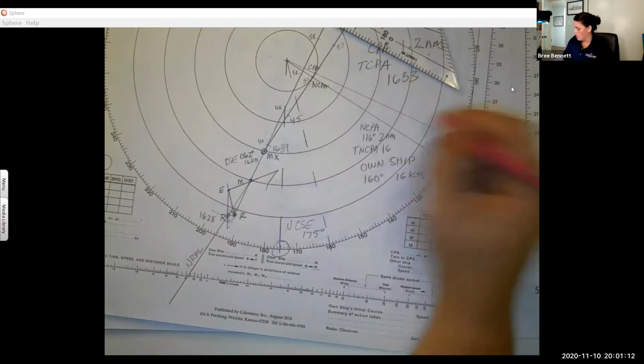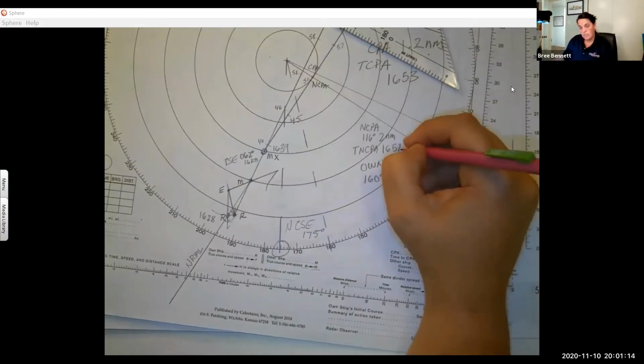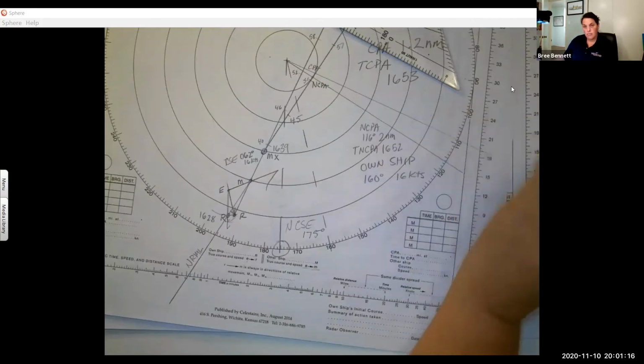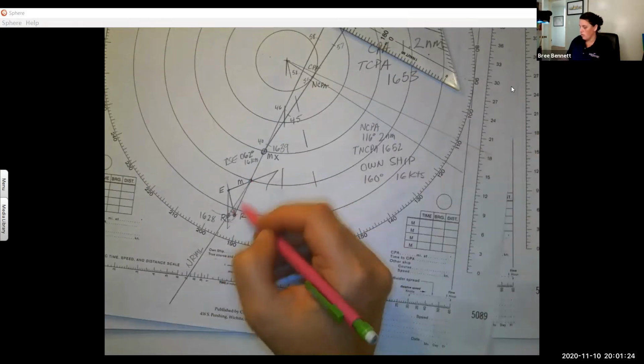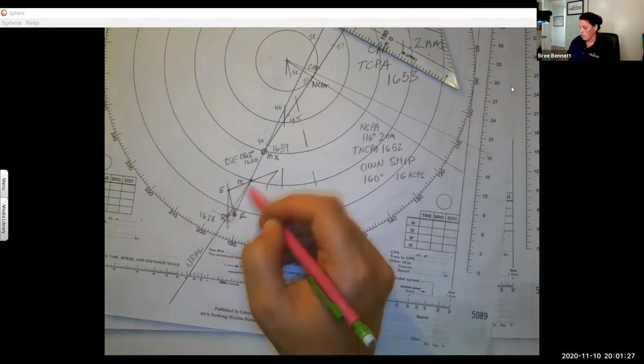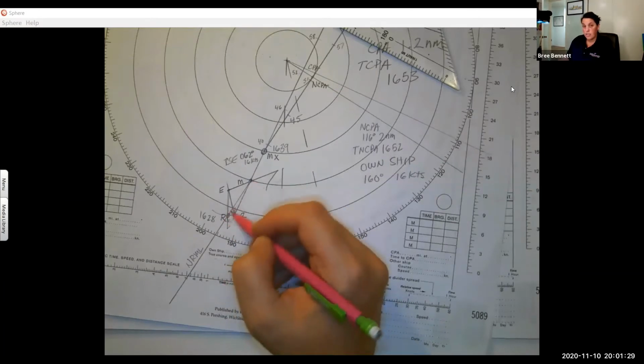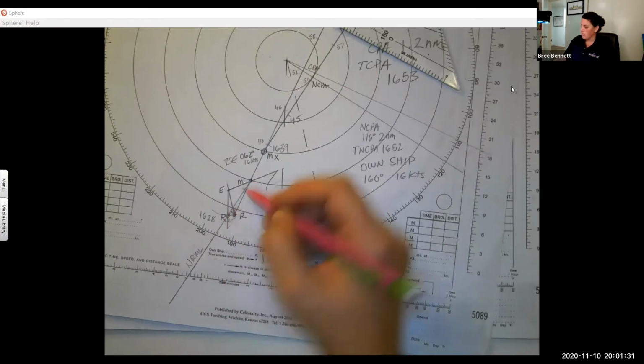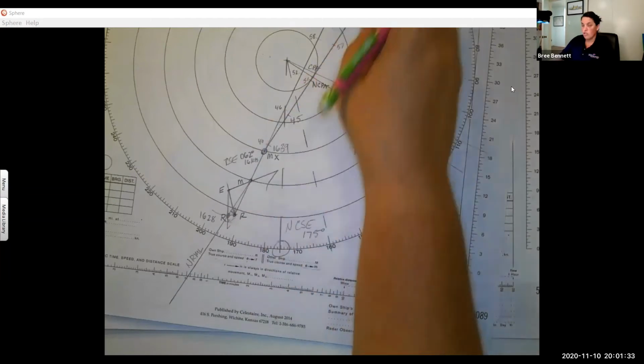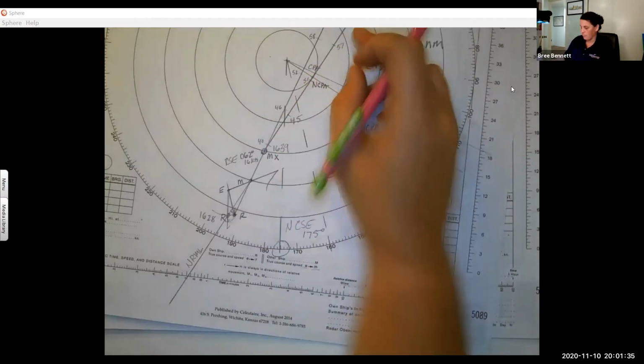So 1652 is going to be my time of the new CPA. So again, we used our new R prime, our new relative motion speed in 6 minutes to continue the speed down our new relative motion line.